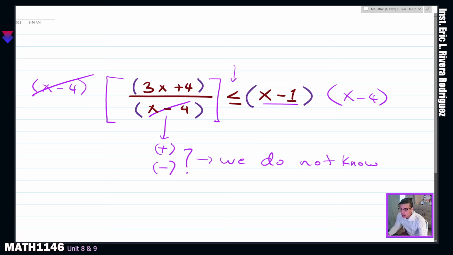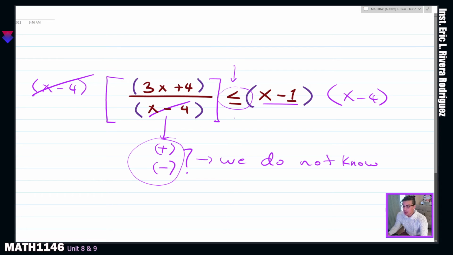Because x minus 4 is representing a value, it could be positive or it could be negative. When we multiply both sides by x minus 4, knowing that it could represent a positive value or a negative value, then what will happen with the inequality sign? Because we are taking into consideration both the positive and the negative representation of x minus 4, we know that for the negative, this inequality sign will flip, will change its direction.